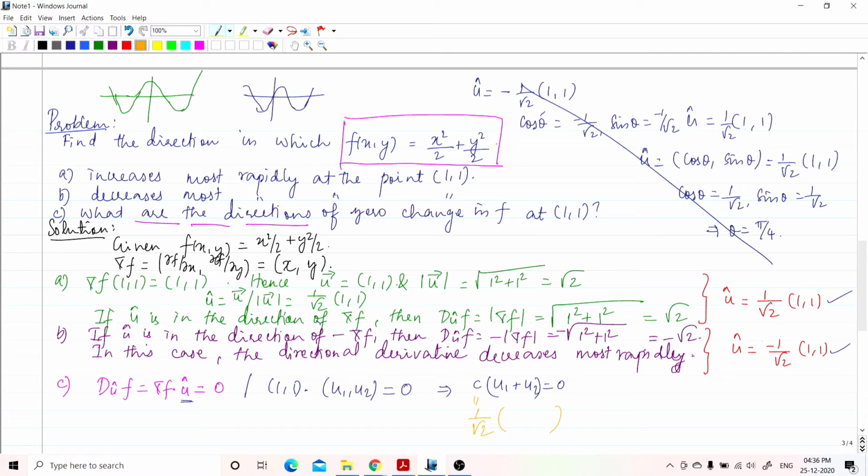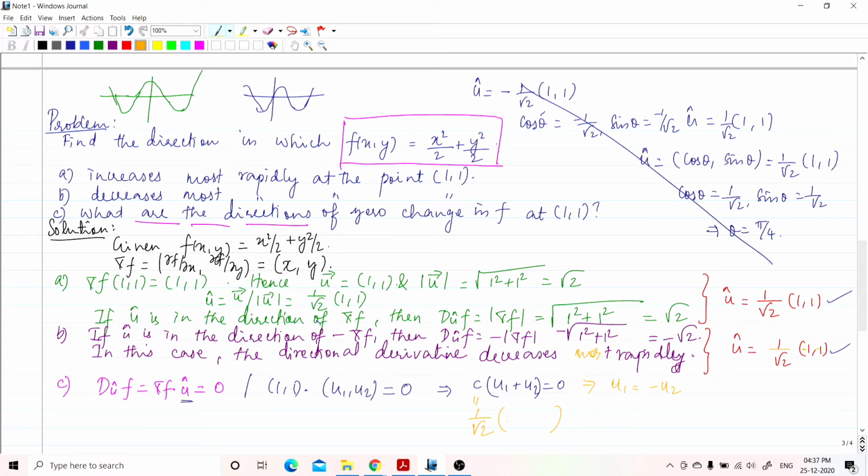From these two, if you take this minus inside, you will have minus 1 comma minus 1. So your u1 and u2 can be either 1 or minus 1 from these two calculations. And when you take the sum of u1 and u2, you must get 0. So this tells you that your u1 has to be equal to minus u2.